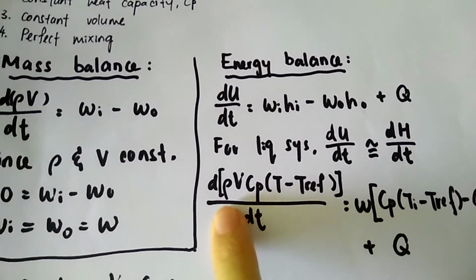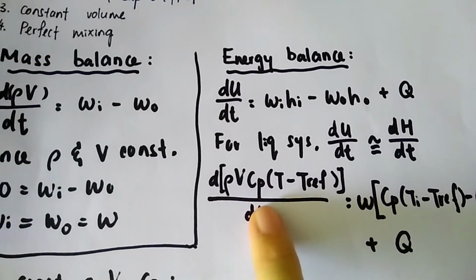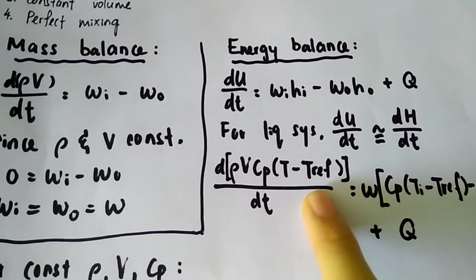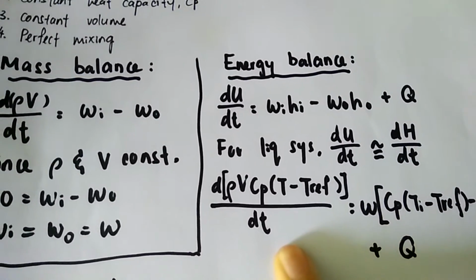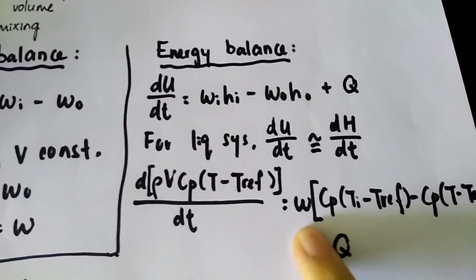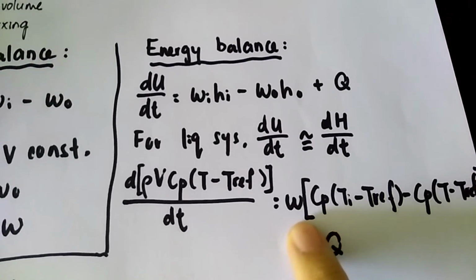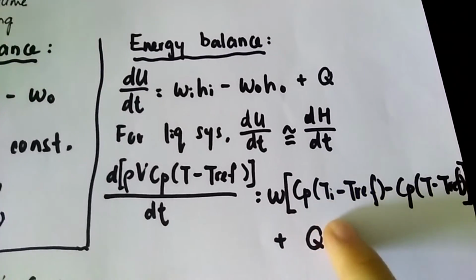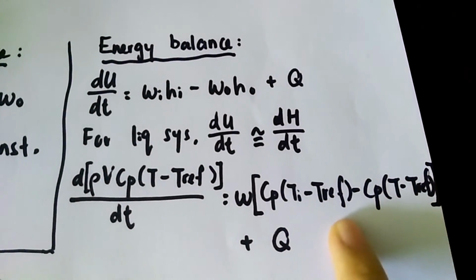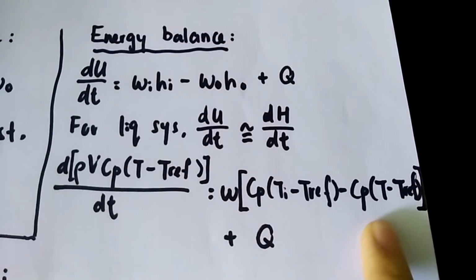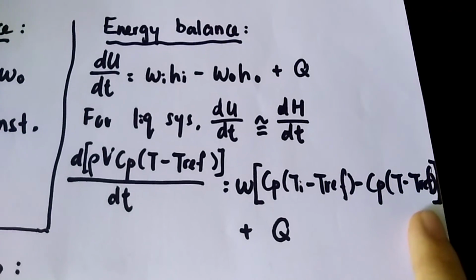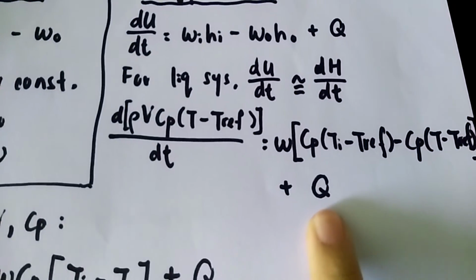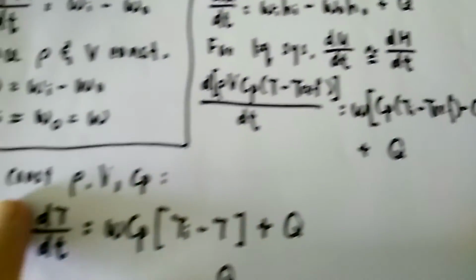Therefore, dU becomes d(rho V Cp (T minus T reference))/dt. W is the common factor: Cp (T inlet minus T reference) minus Cp (T minus T reference), and lastly plus the heat supplied into the system.